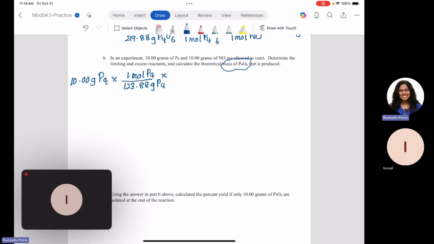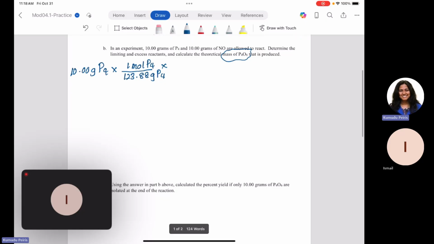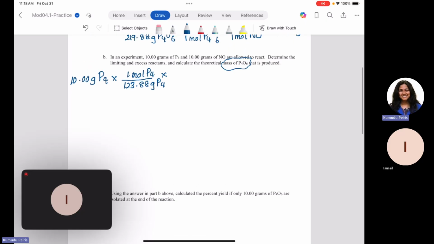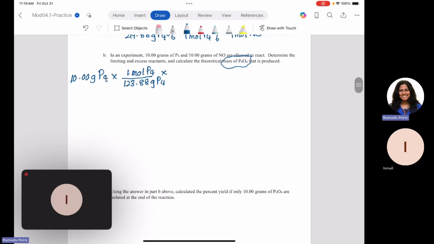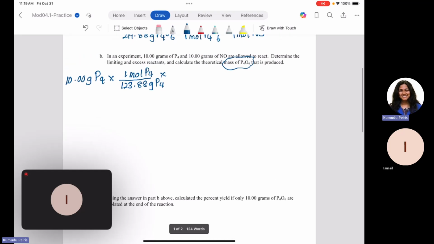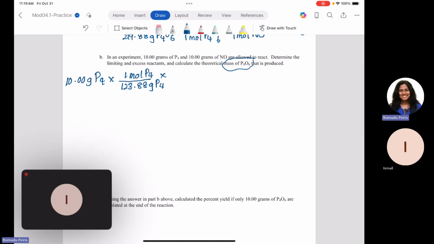Then we'll... okay, what's going on? Right. So now we must get the relationship between the moles of... my pen doesn't work.